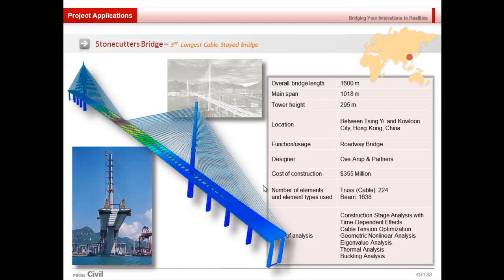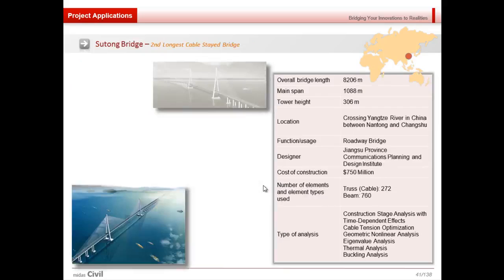We have also the Stonecutters Bridge, which is the 3rd longest cable stayed bridge in the world, with a main span of over a kilometer long. This was designed by Arup and partners, and it was analyzed for geometric nonlinearity, thermal analysis, buckling analysis, eigenvalue, and construction stage with time-dependent effects.